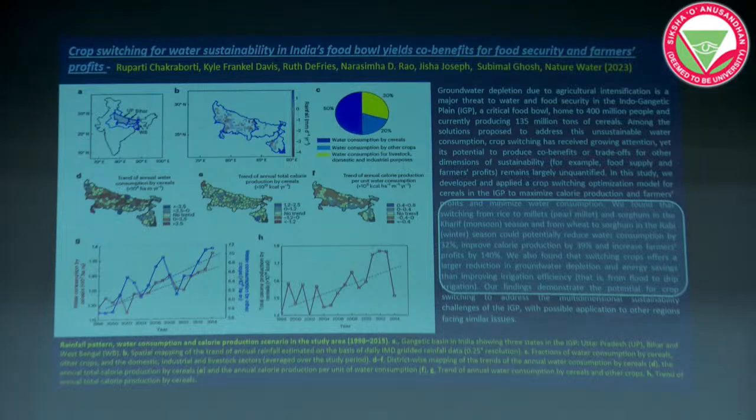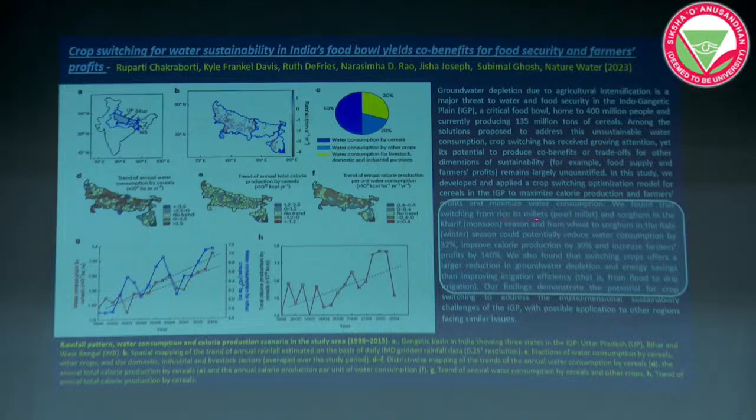This was a paper which came from IIT Bombay. Since it's of interest to the agricultural community, they argued that switching of crops for water sustainability in India's food bowl yields co-benefits for food security and farmers. They said that instead of crops like rice, which consume a lot of water, you can go for millets.